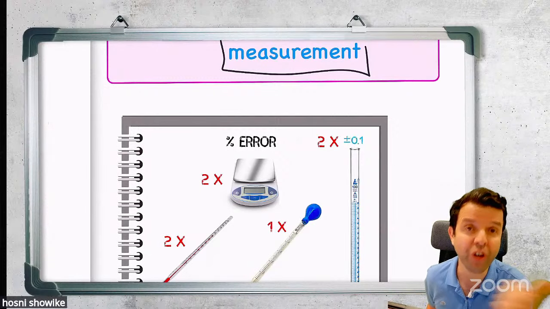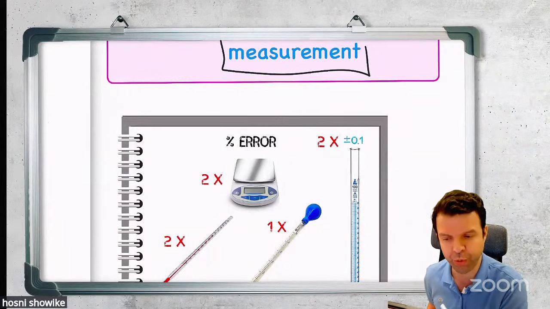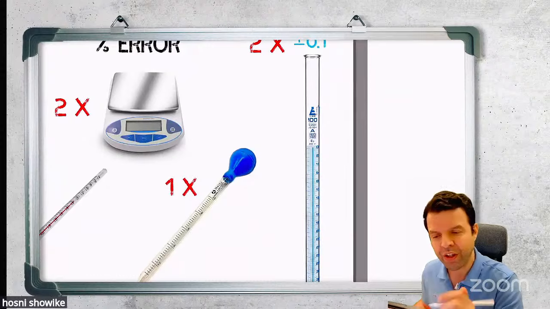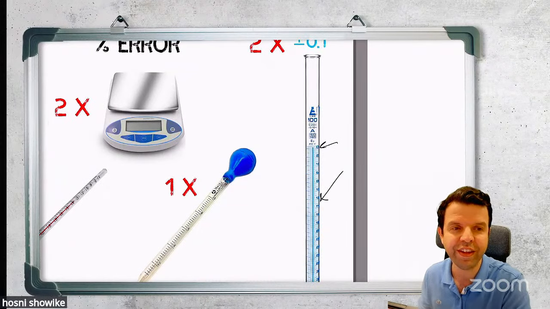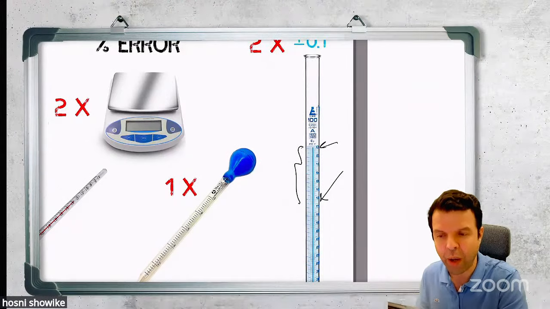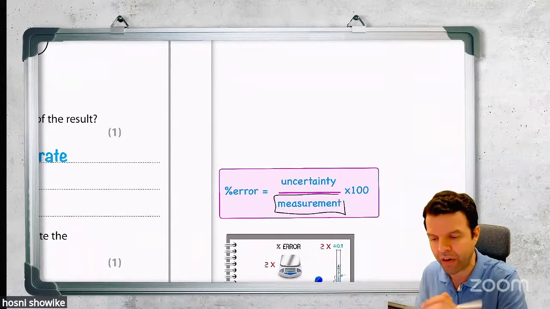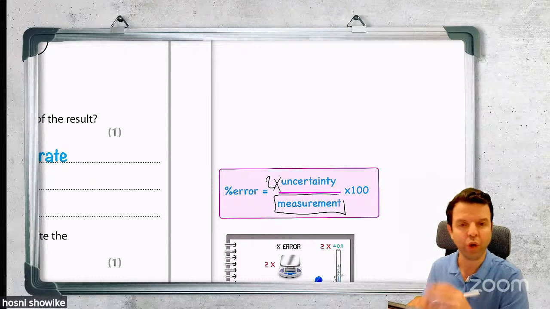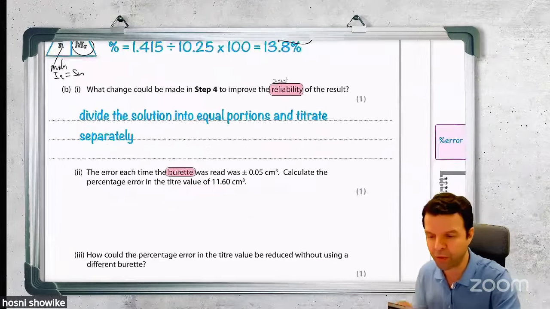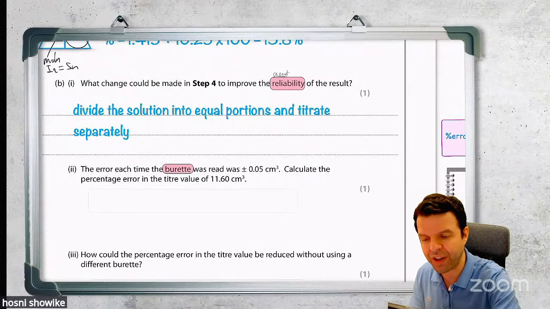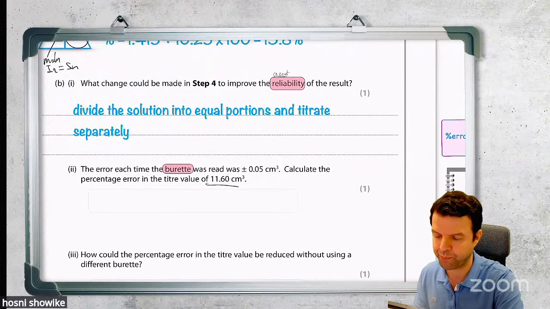They said each time. How many times do you read a burette when you're doing a measurement? You read the initial volume and then you read the other volume. So I'm going to do that mistake, the error, twice. So I take that uncertainty, I multiply by 2, and I divide by the volume.